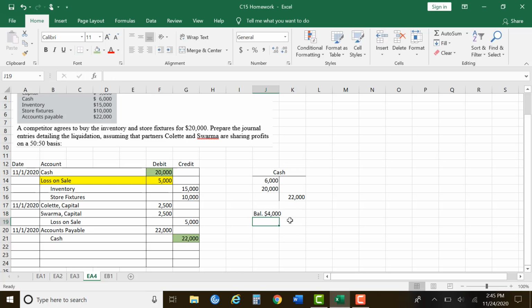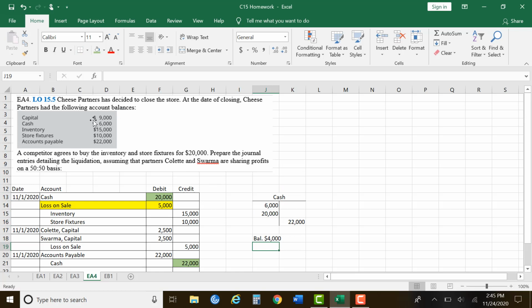So at this point, we have cleaned out the inventory, the store fixtures, the accounts payable.